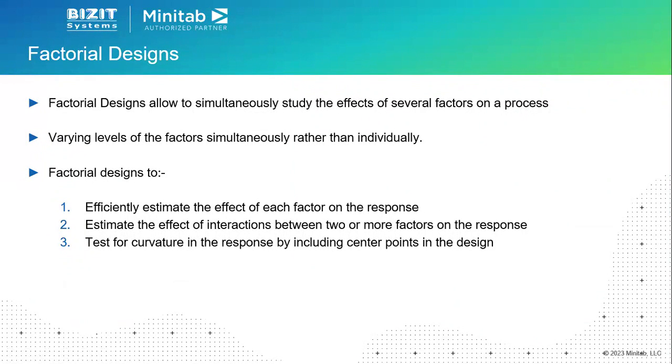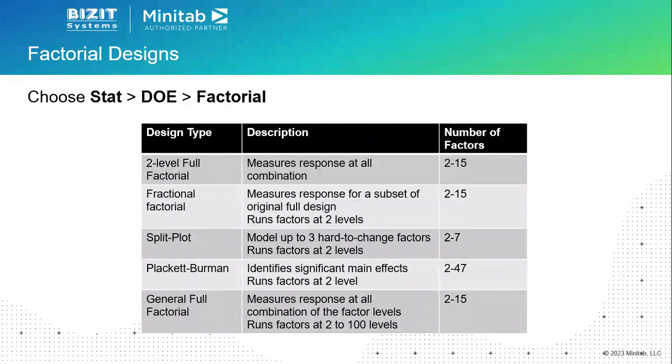Factorial design allows us to simultaneously study the effect of several factors on your process, varying the levels of the factors rather than studying them individually. The factorial design itself consists of these types: 2-level full factorial, fractional factorial, split plot factorial, Plackett-Burman, or general full factorial design.